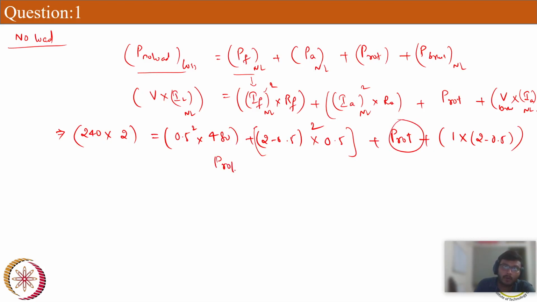Can someone tell me how much is P rotational? I will also calculate. It's 240 into 2, minus 0.5 square into 480, minus 1.5 square into 0.5, minus 1.5.